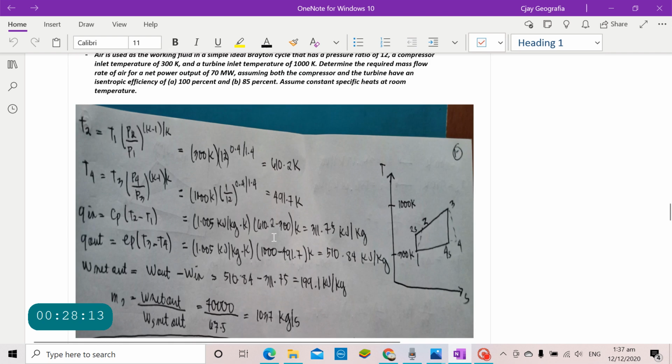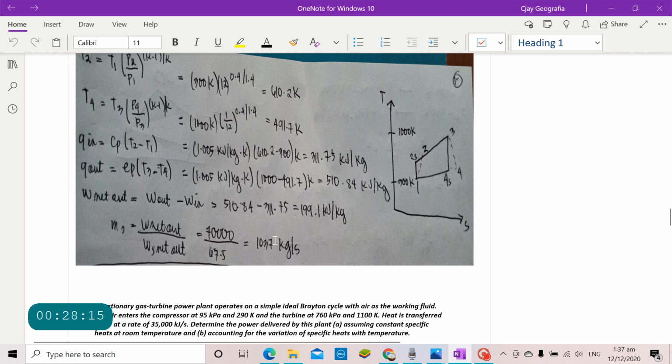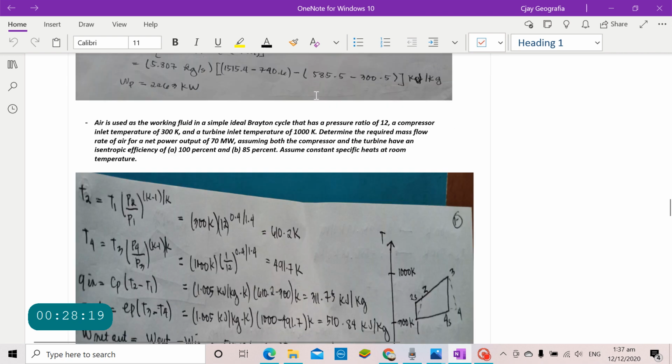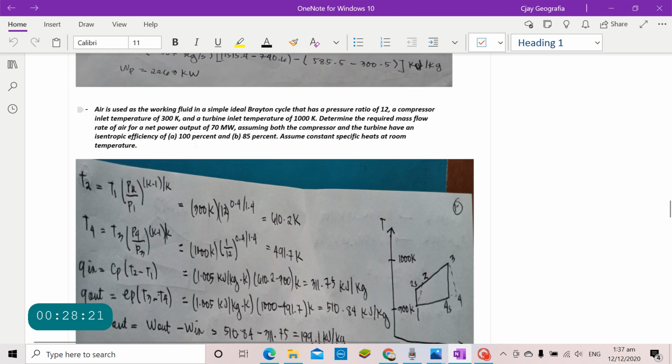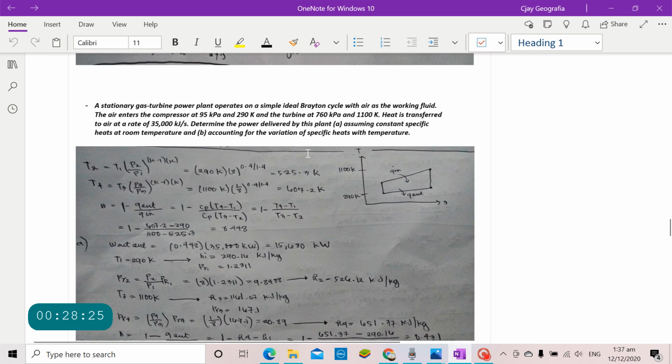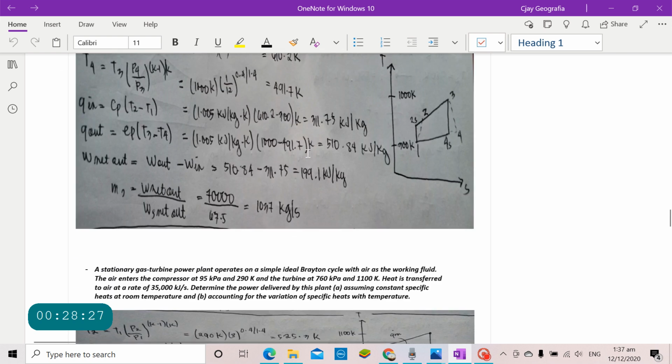And for the last problem, if it is at 85%, so you will use 85% of that.